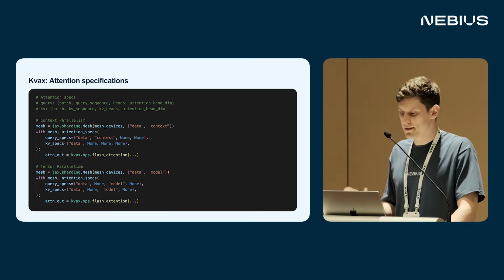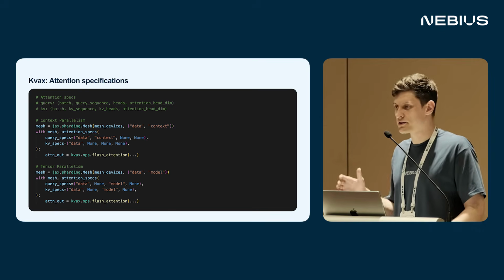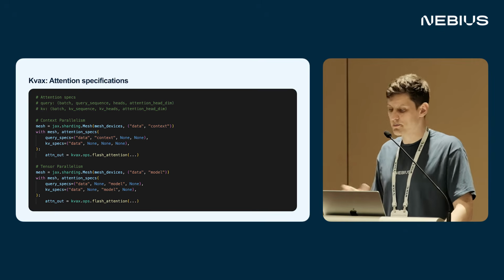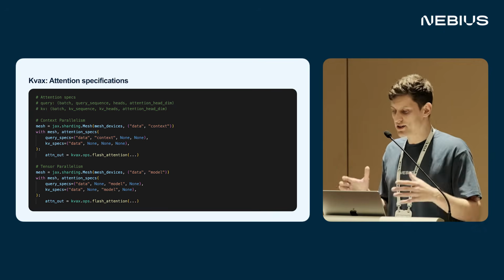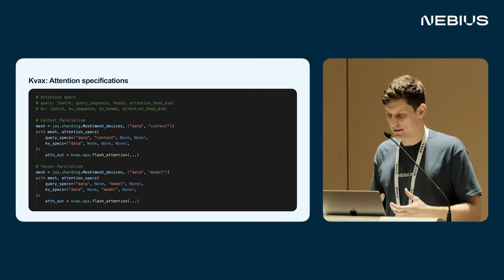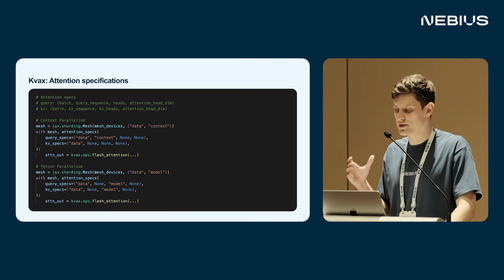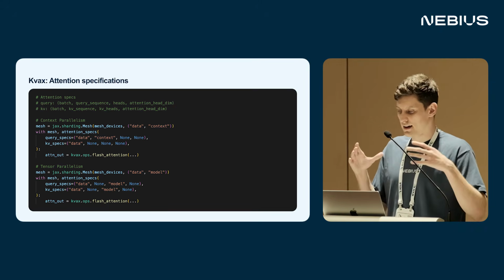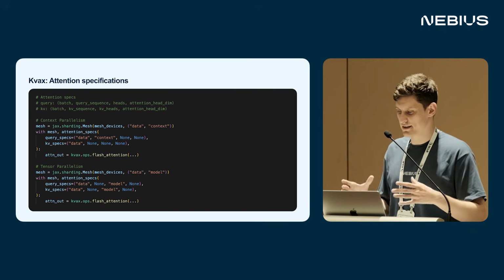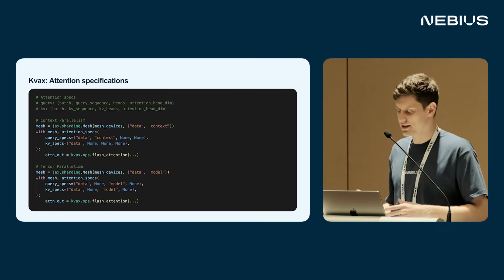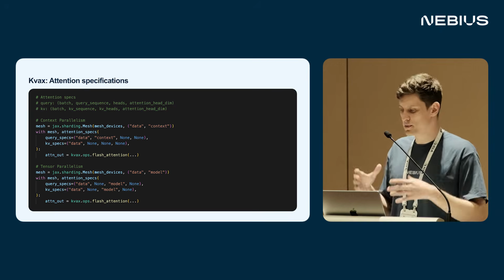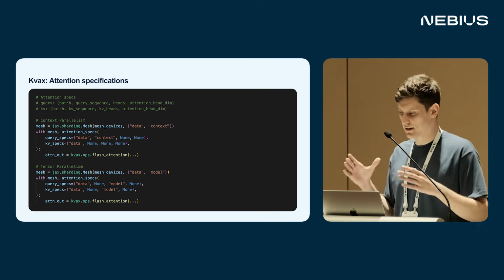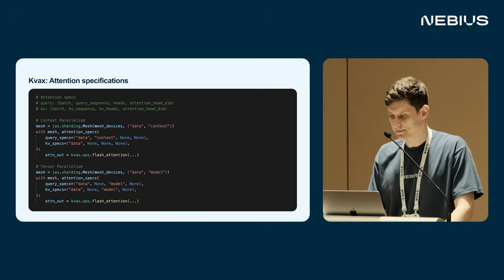Kvax supports different strategies, including both context and tensor parallelism. We manage that by using an attention specification abstraction. This lets the user define how the different tensor axes, like batch or sequence, heads, or attention hidden dimension, should be sharded across your mesh of devices.